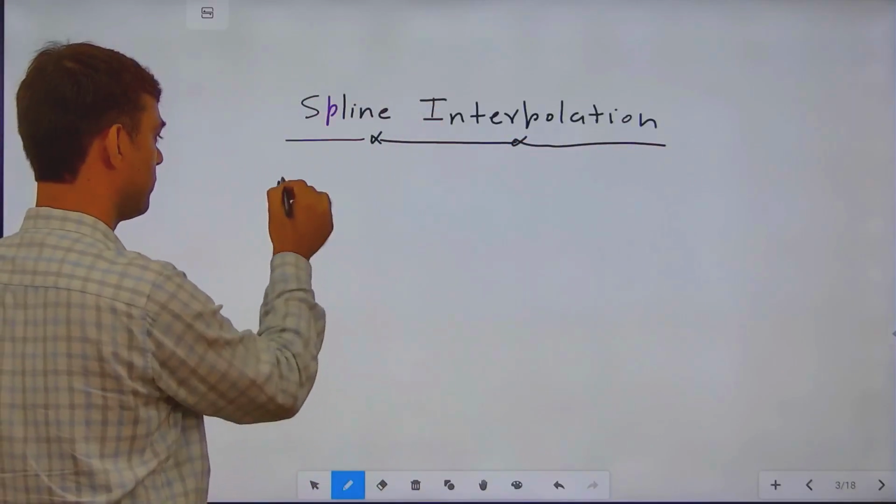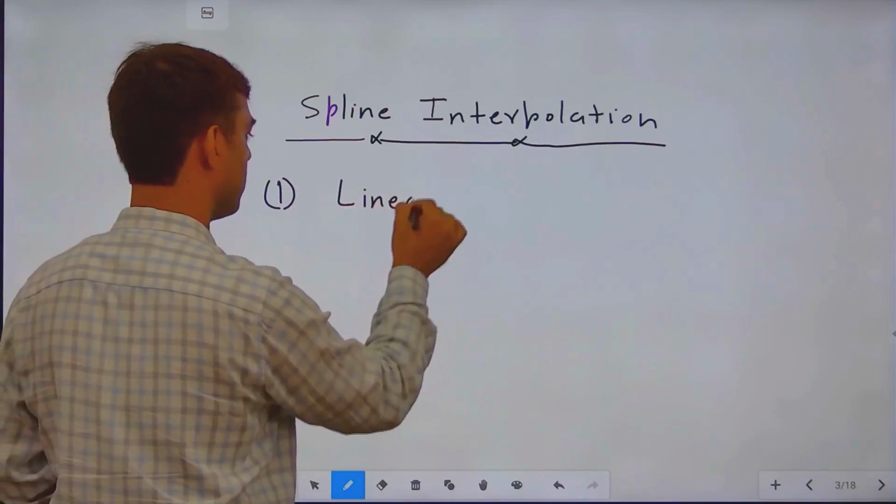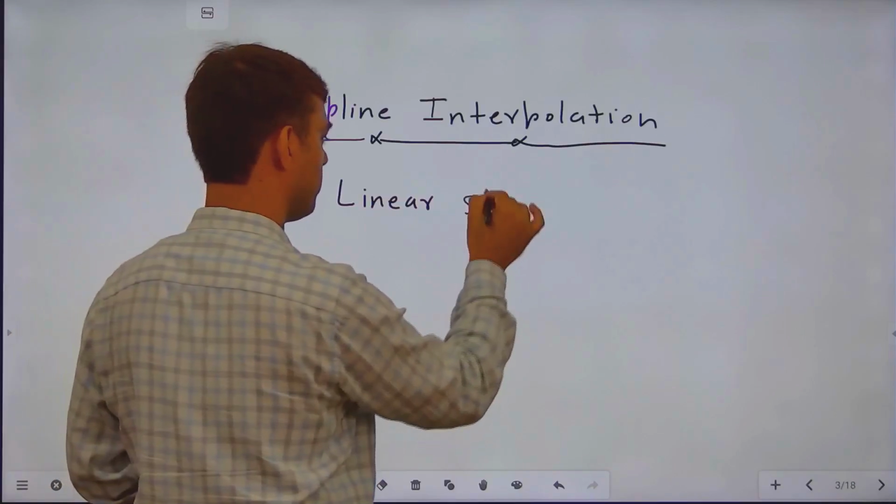First one is linear spline interpolation.